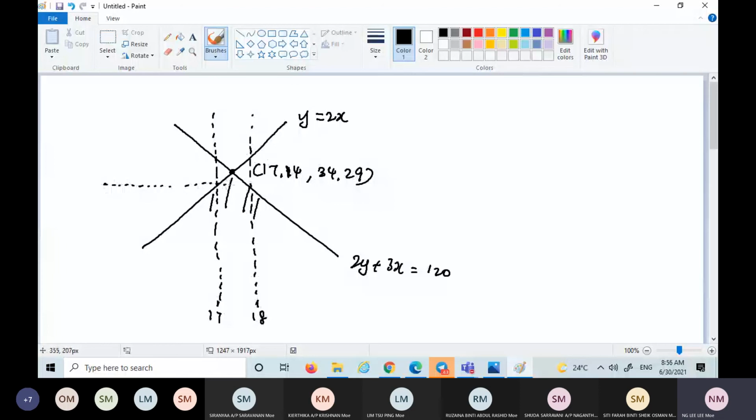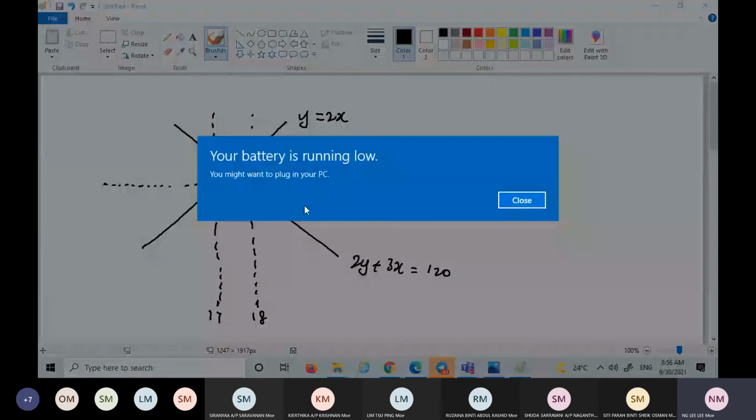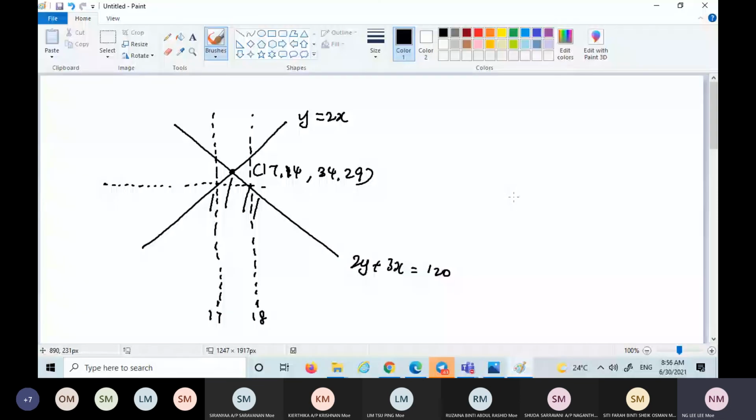Maybe the book is wrong, the book can be mistaken though. 34 is here, and I try to draw out the grid, 35 is here. Therefore, this intersecting point, 17.14, is between 17 and 18, and 34.29 is between 34 and 35.